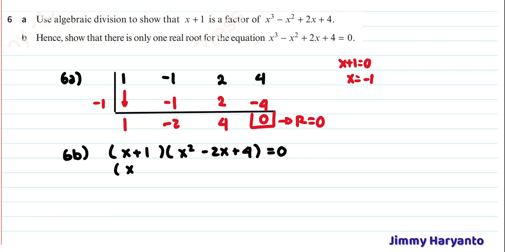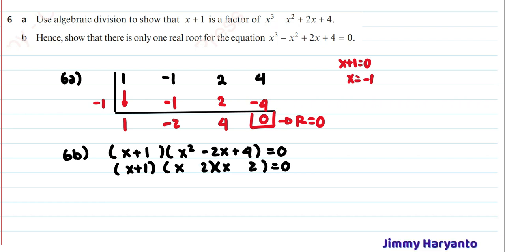So x plus 1 times this equals 0. Okay, let's try x and then 2, but the middle is negative 2. I don't think this one can work, so let's change it into 4 and 1. 4 and 1 also cannot.